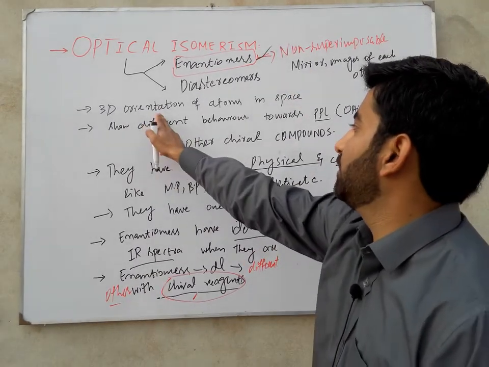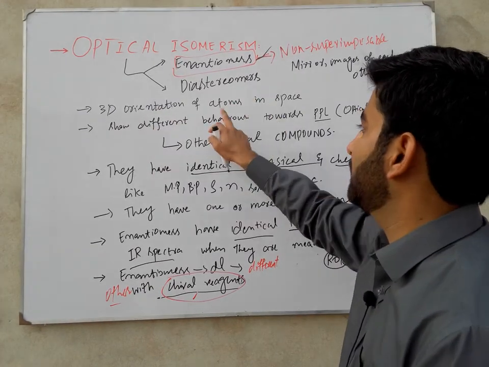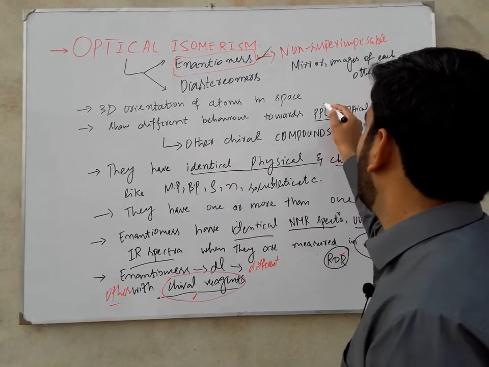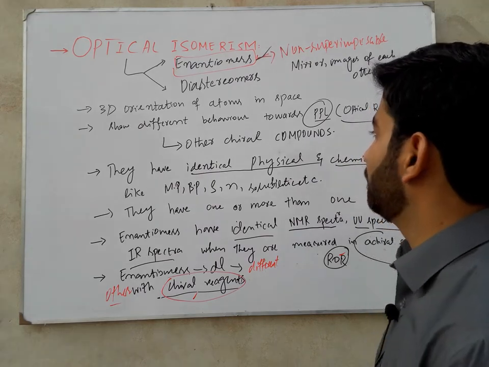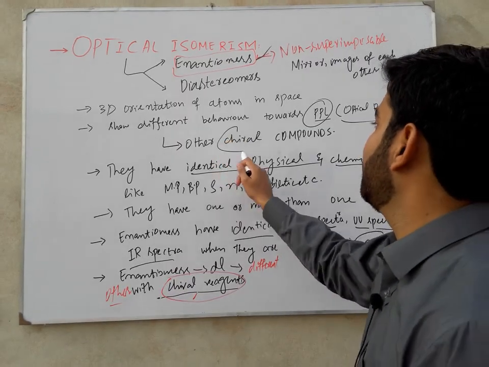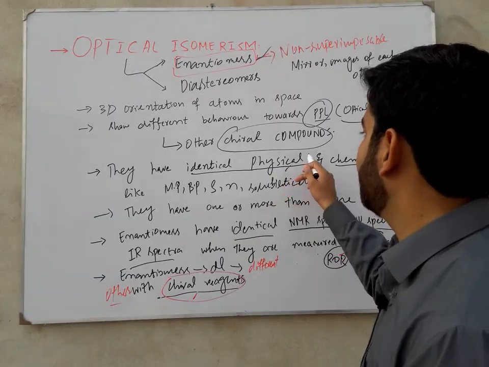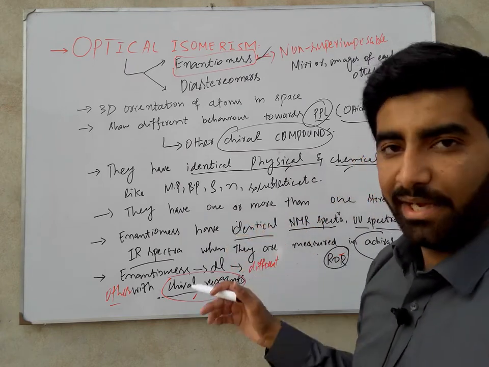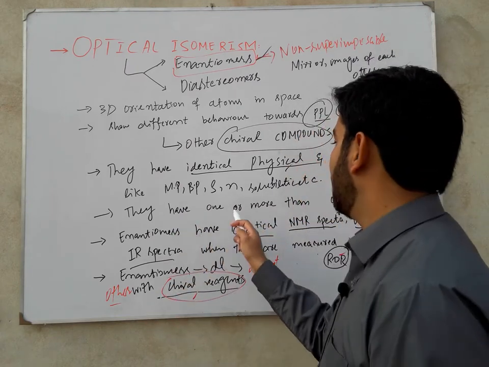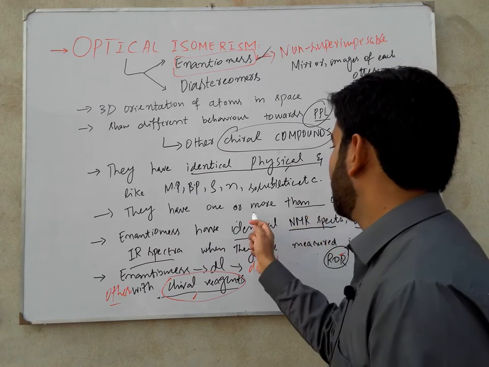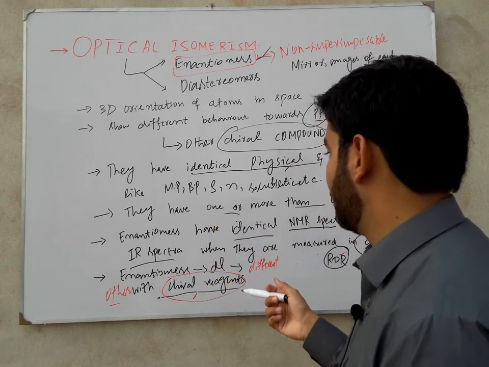They show different three-dimensional orientation of atoms in space, show different behavior towards plane polarized light, show different optical rotation, and they show different behavior towards other chiral compounds, have identical physical and chemical properties in the achiral environment. They have one or more than one stereocenter, so they possess optical activity.